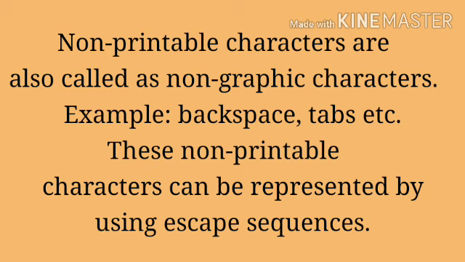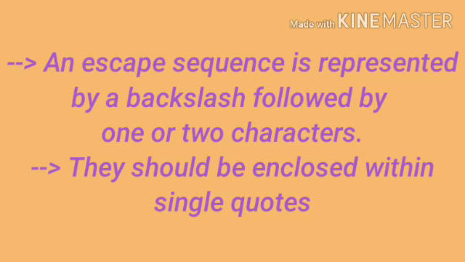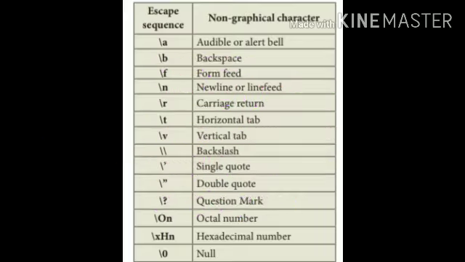The escape sequence is represented by a backslash followed by characters, and these characters are defined in a program within single quotes. For example, \b, \n, \r, \t are escape sequence characters.